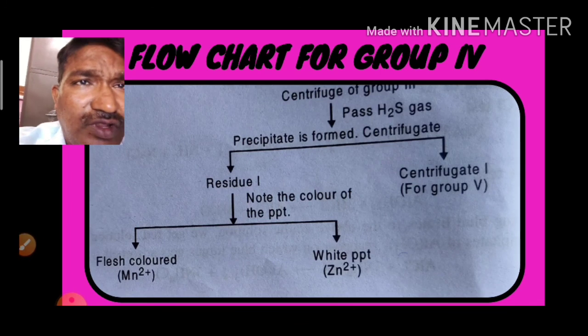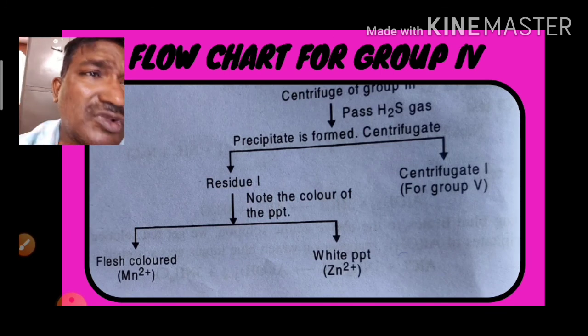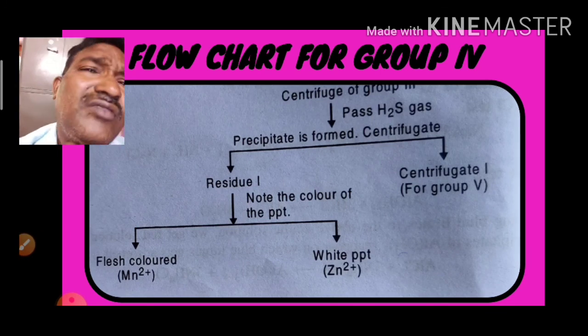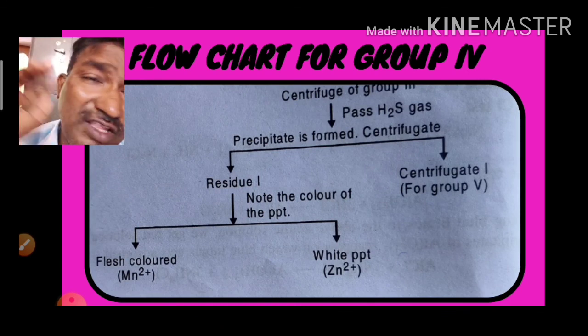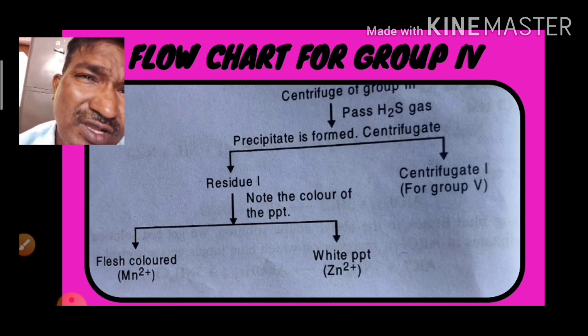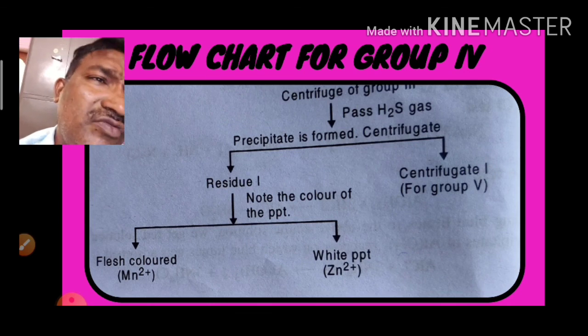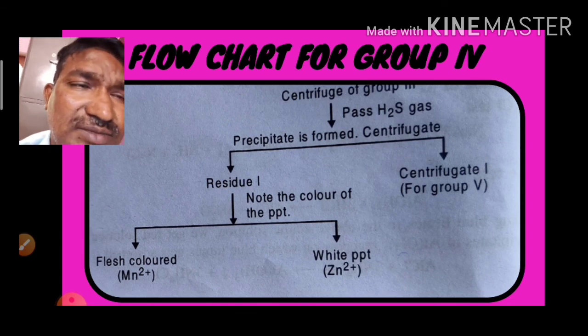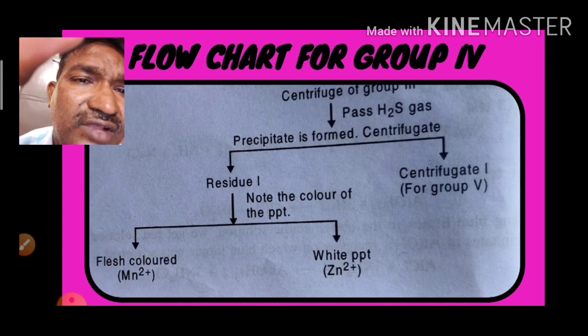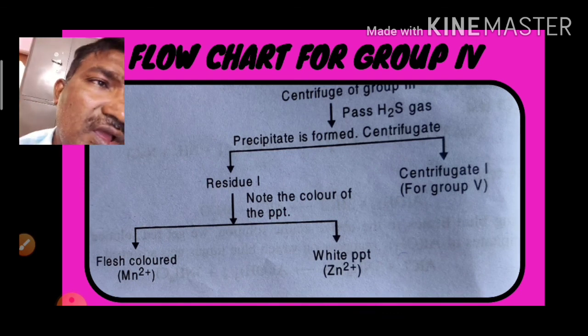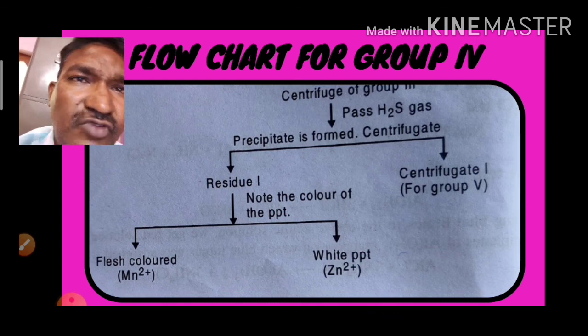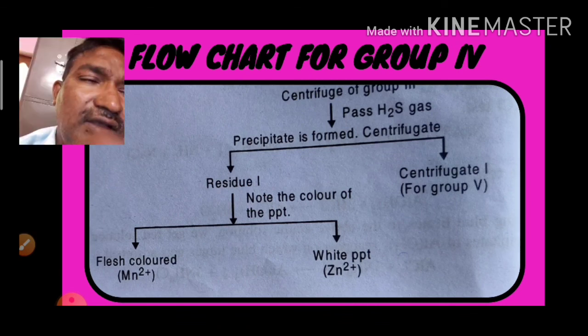Now we go for the flow chart of the group 4 ions. If we get the precipitate in the third group we take the centrifugate, otherwise we take the clear solution and pass the H2S gas. If we get the precipitate we centrifuge it and take the residue out, and if we don't get any precipitate we use that centrifugate for the fifth group analysis.